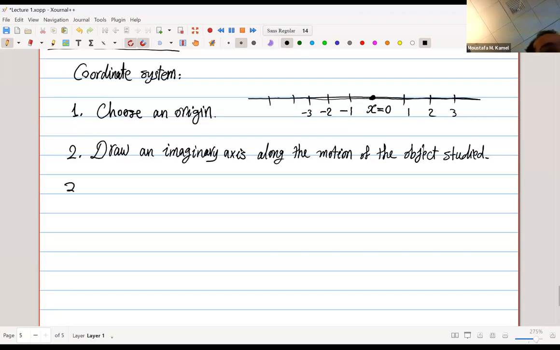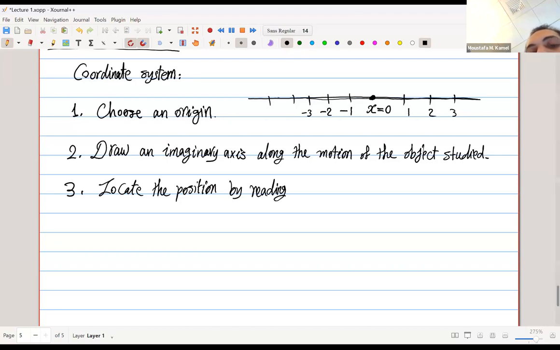So this is number 3. The position is, I mean, you locate the position by reading the ruler mark, right?